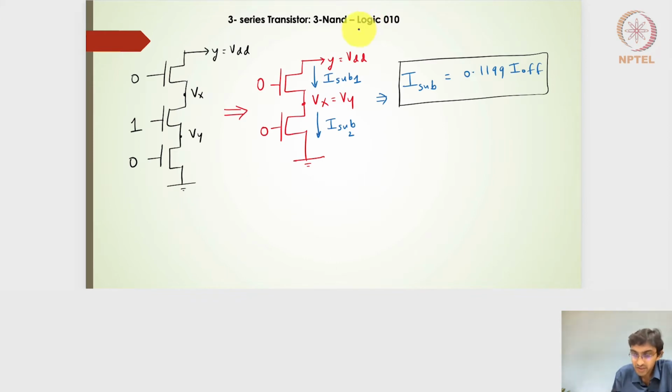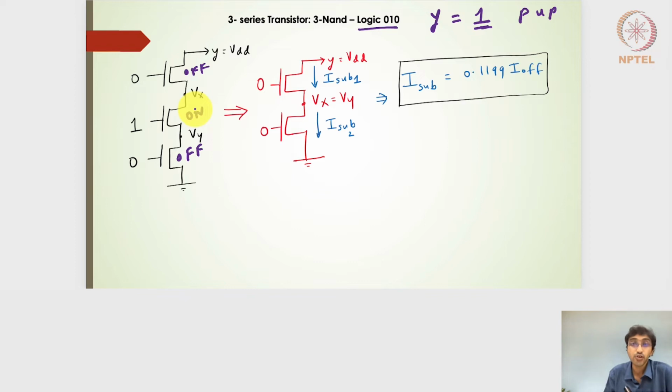Now let's say I have a logic of 0 1 0. Of course, 0 1 0 will give the output of the three input NAND gate to be 1. That means the pull up side is active and driving the output node to the value of VDD. In this 0 1 0, both these transistors are off, and the transistor where the 1, or logic level high, is provided to the gate of the second transistor will be on.